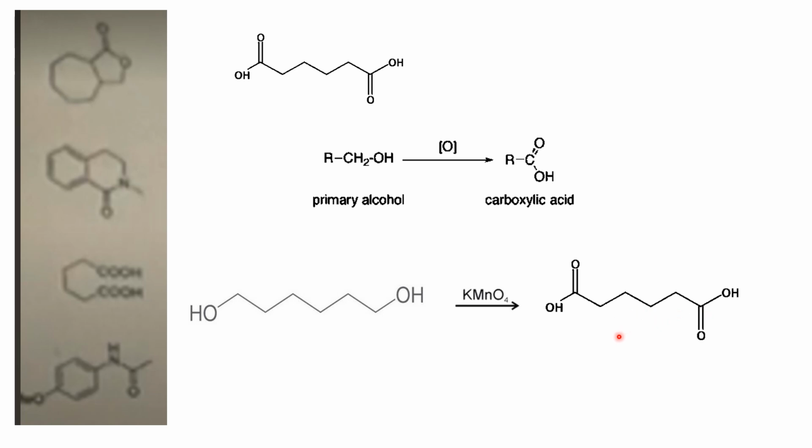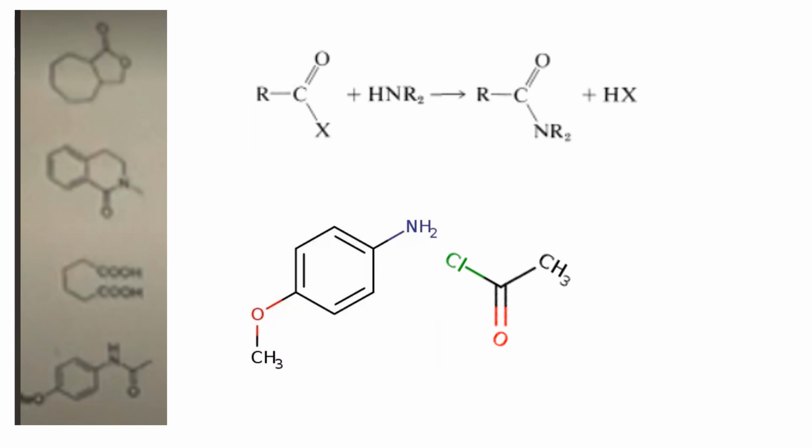Ito rin yun. So this is going to be your starting material, a diol. You can start with a diol or an anhydride to form this target structure.